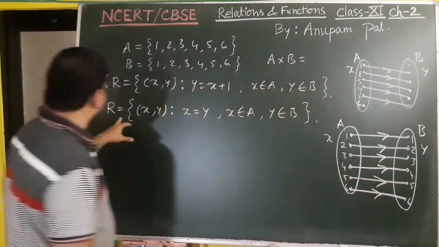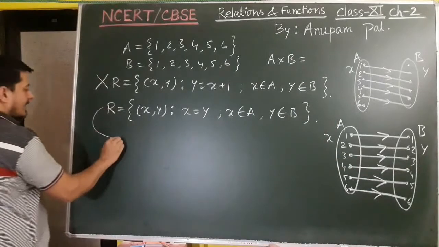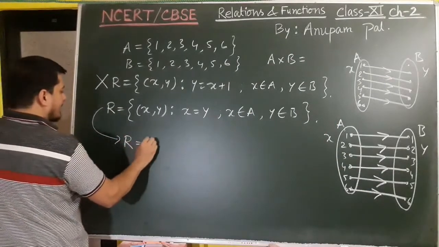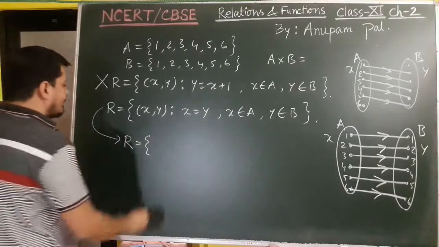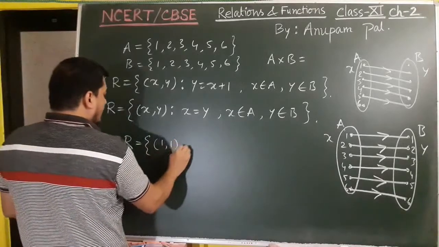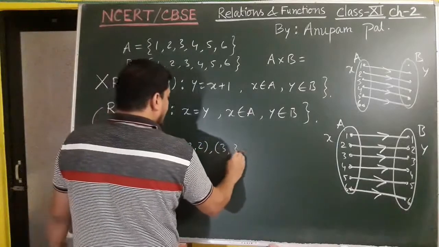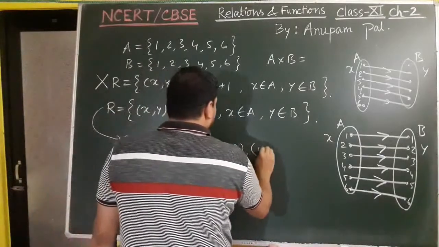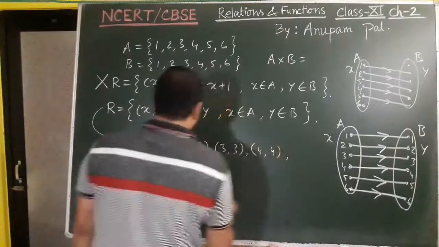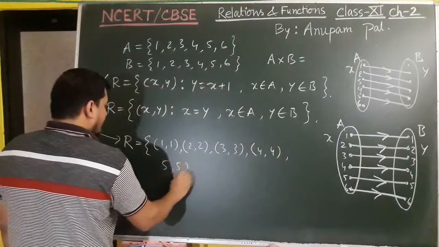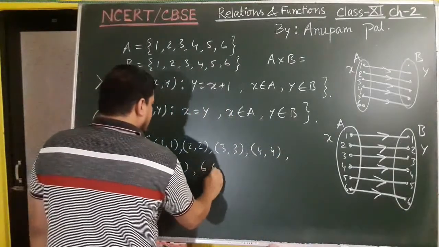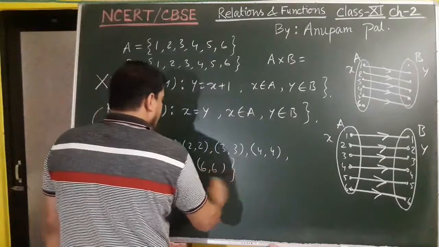So if I want to write this relation, how can I write it? It can be written as (1,1), (2,2), (3,3), (4,4), (5,5), (6,6).